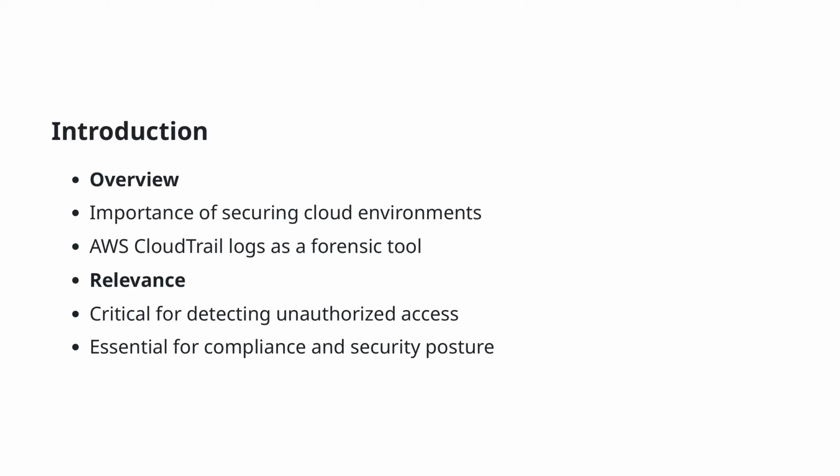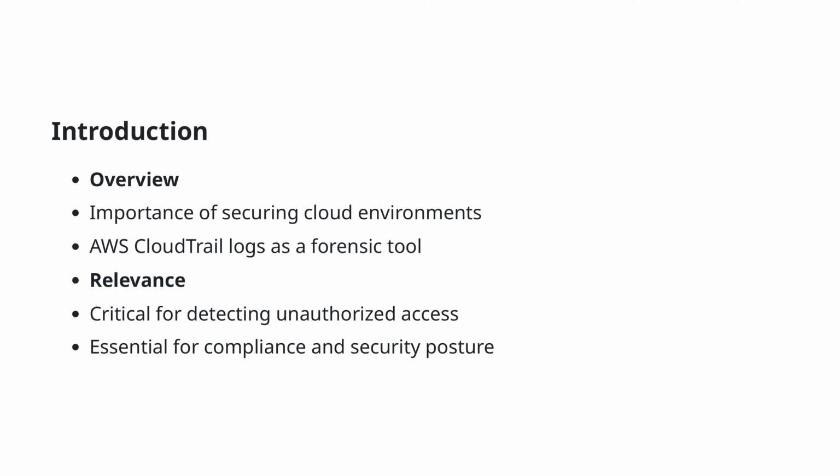In this slide, we begin our introduction by highlighting the significance of securing cloud environments. With the ever-growing dependence on cloud infrastructures, ensuring the safety and security of these environments is of paramount importance. AWS CloudTrail logs come into play as an invaluable forensic tool in this context. The relevance of CloudTrail logs cannot be overstated.